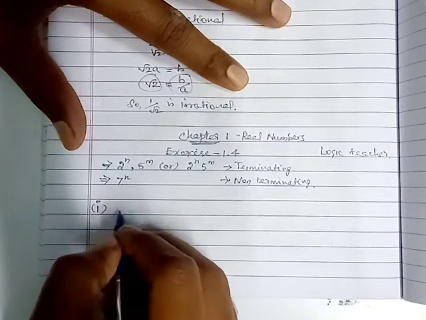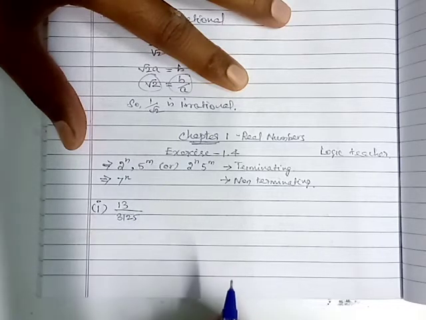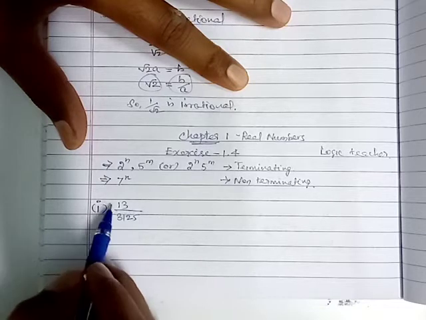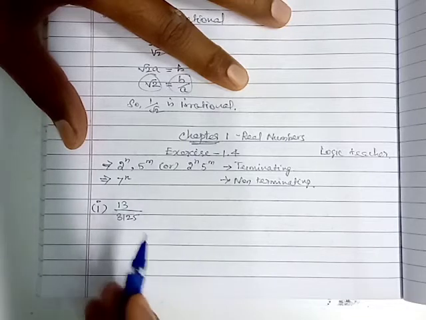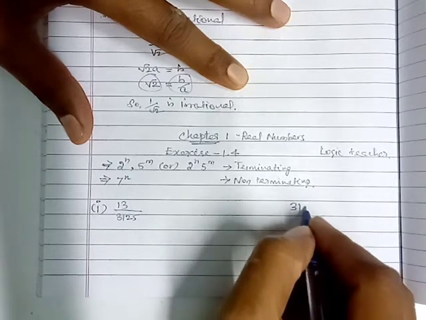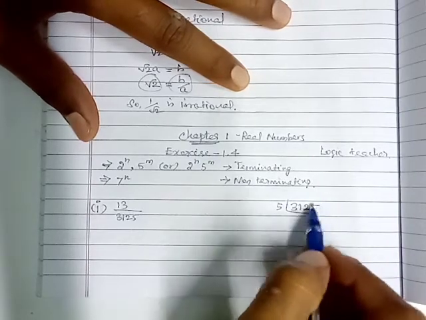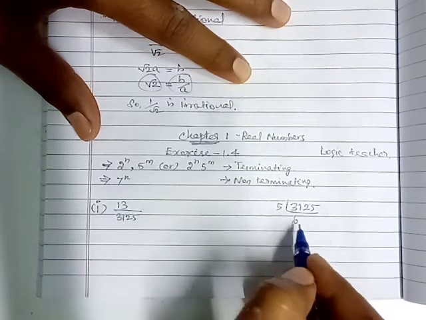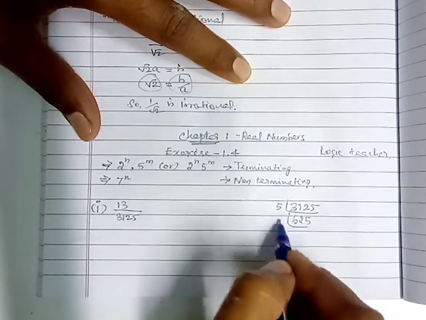The first one is 13 by 3125, right? This is a larger number. If you want to divide this, you will take a lot of time and do a lot of calculations. So we can do the prime factorization of the large number, that is the denominator, 3125. We divide by 5, because we have 5 in the last digit. 6 5s are 30, balance 1; 12, 2 5s are 10, balance 2; 25, 5, again 5.